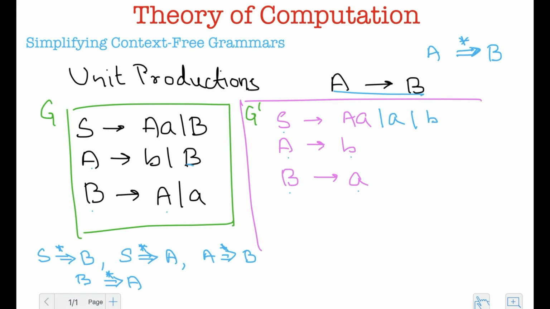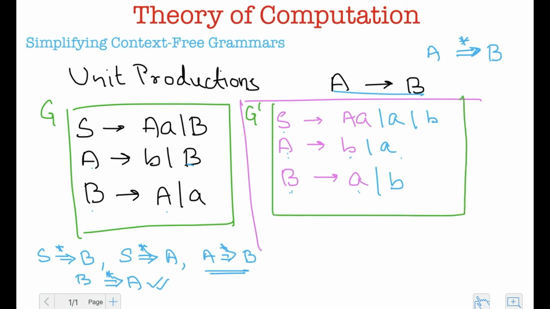And similarly, since A yields B right here and B yields A, I have my capital A yields A as well, so I'll have to add that. And because B yields A right here, and because A yields A and B, I should add A and B to B, but I already have A here, so I just add B. So this is the final G prime that I end up with, which does not have any unit productions.